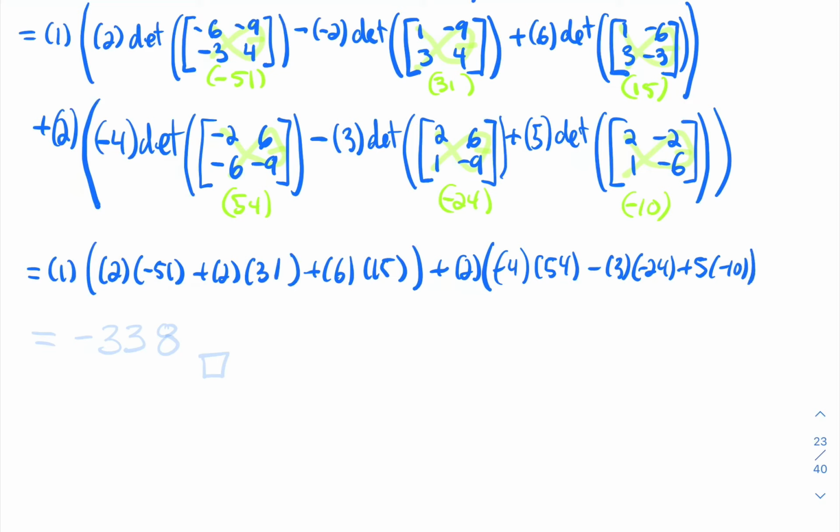And then if you compute all of this, you're going to get a big minus 338, because I already baked that answer earlier. And that's it.